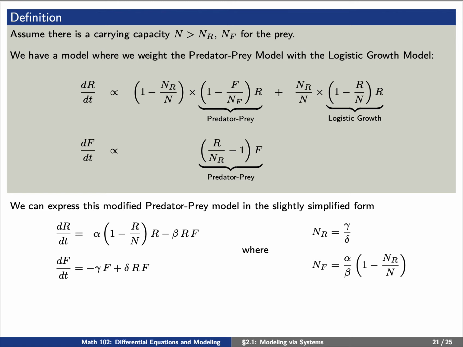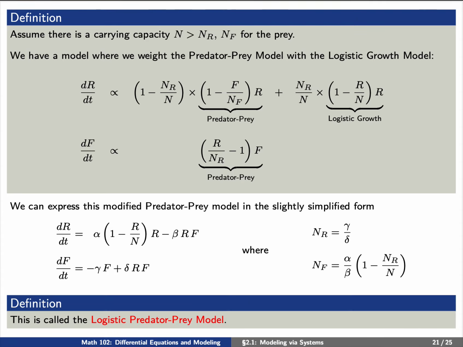For the number of foxes, we have df/dt equals negative gamma times f plus delta times r times f. As before, we can try to express the n sub r and n sub f in terms of alpha, beta, gamma, and delta. This new set of equations is what's called the logistic predator-prey model.